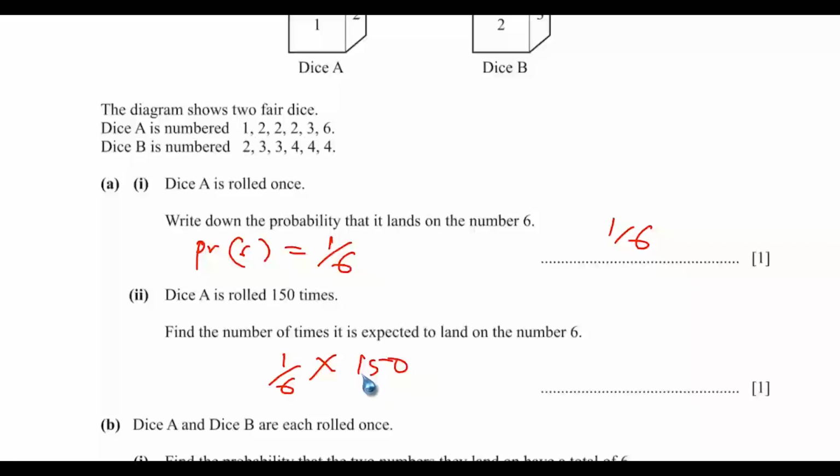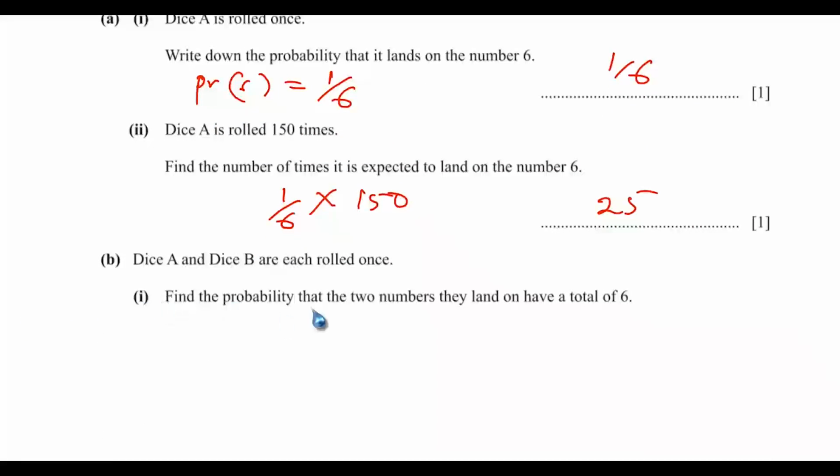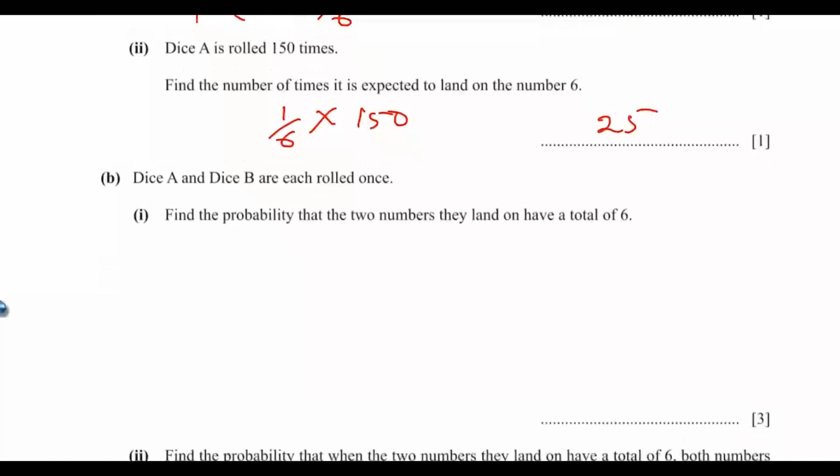So if you do this, you should get 25 times. Okay, part B, dice A and dice B are each rolled once. Find the probability that the two numbers they land on have a total of 6. So here we need to prepare a table.